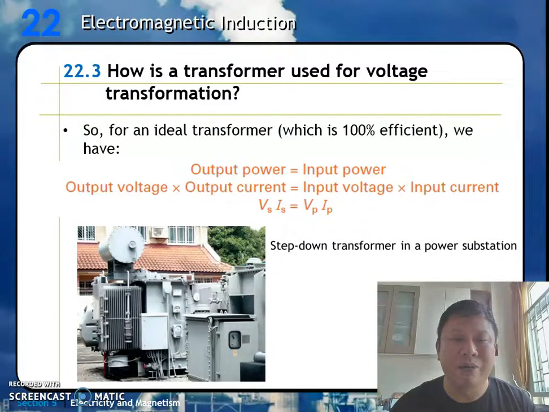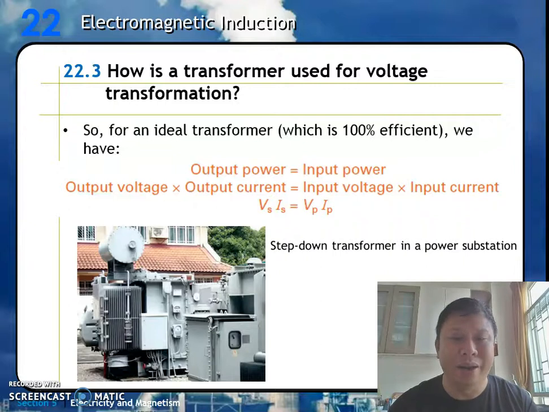And recalling what you have learned for power in the previous lessons on electricity, we know that P equals IV. So output voltage multiplied by output current equals input voltage multiplied by input current. So you can see here that the equation is Vs Is equals Vp Ip.